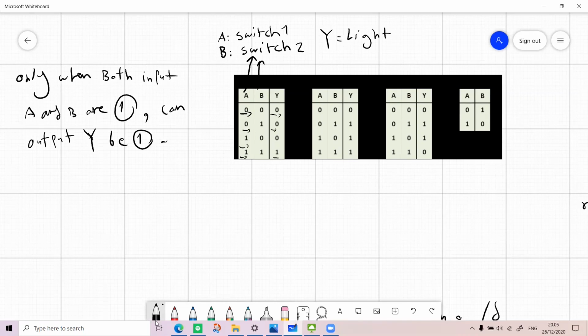Or we could also make notes to ourselves for the scenario that we're talking about: hey, there are 2 switches, and only when both switches are on can the light turn on.